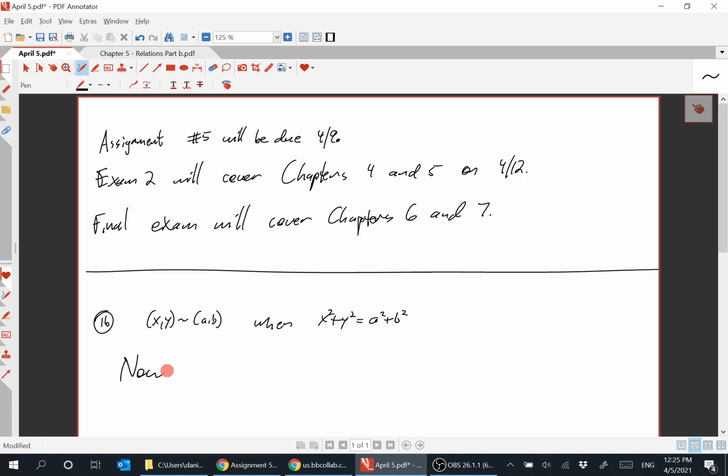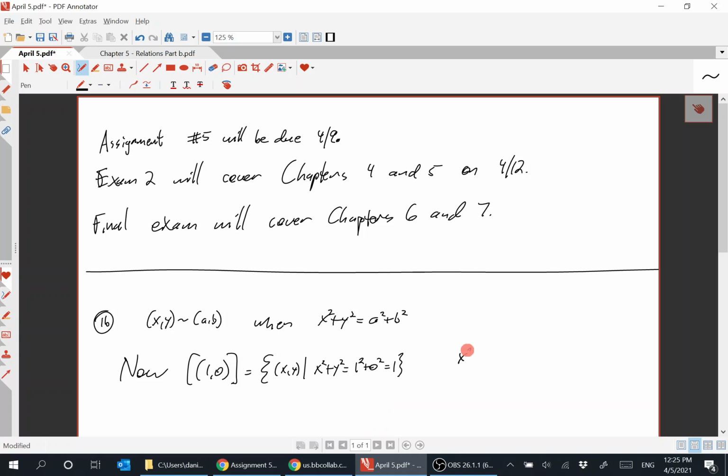Now, the equivalence class of 1, 0 is the set of all x, y such that x squared plus y squared is equal to 1 squared plus 0 squared, which is equal to 1.